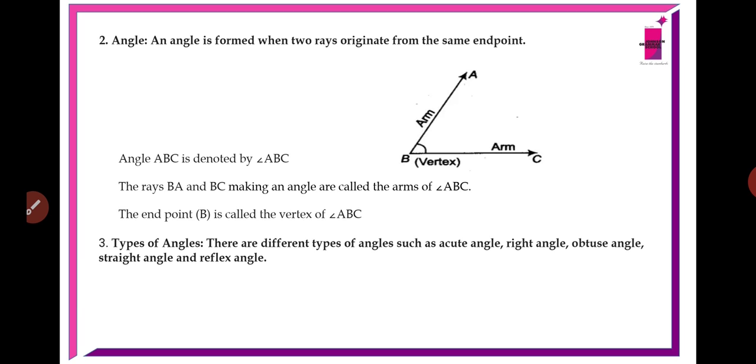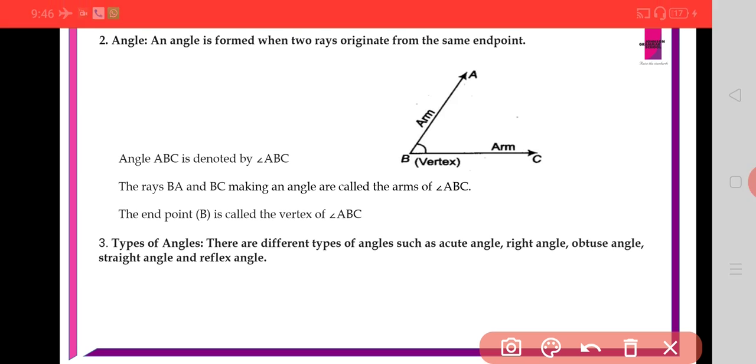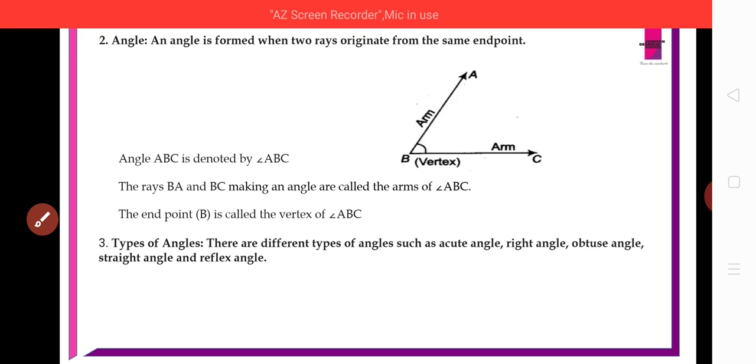You can see in this example, angle ABC is denoted by angle ABC. The rays BA and BC making an angle are called the arms of angle ABC. The endpoint B is called the vertex of angle ABC.